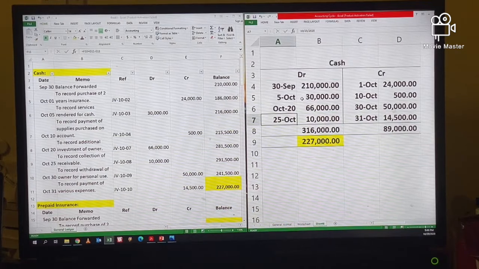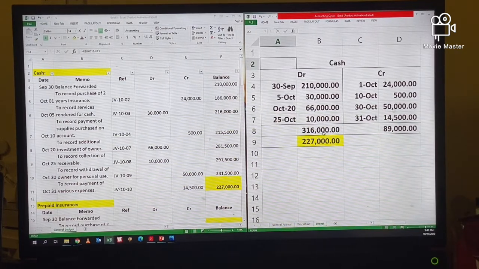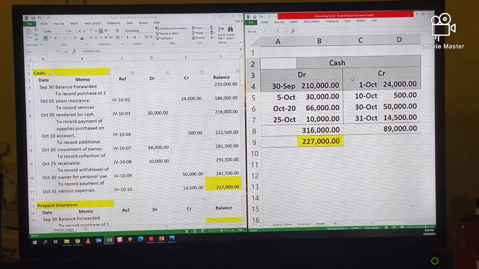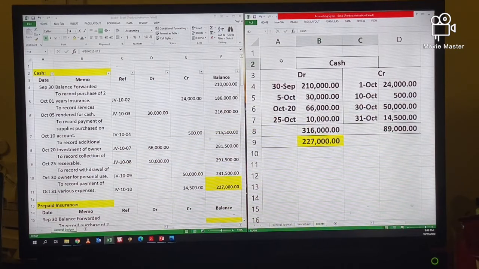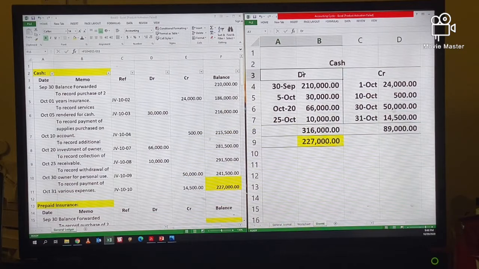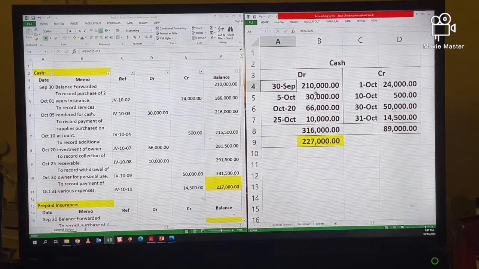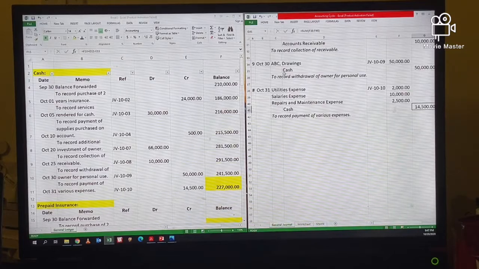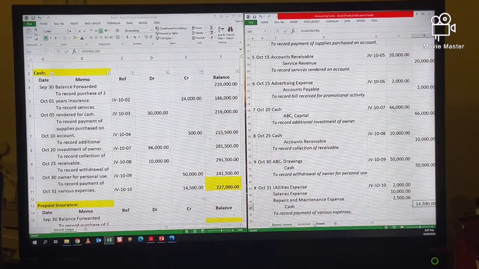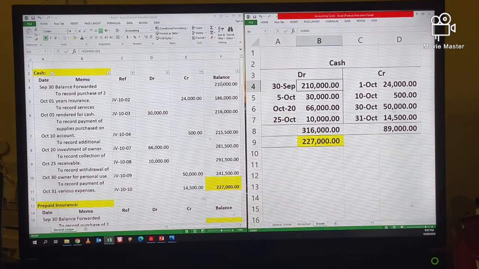Okay, so as a sample, I prepared the T account for cash. This is what we call a T account. As you can see, there is a T here. This is your cash account, with the title on top. You have debit on the left side and credit on the right side. This is how balances are forwarded. Suppose the beginning balance from the closing trial balance is 210,000.